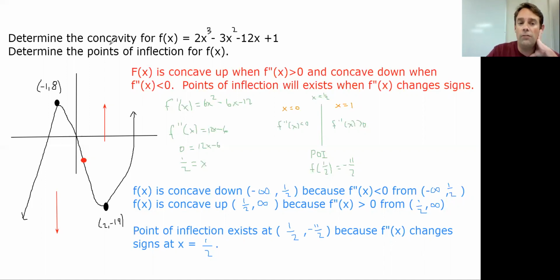So now, if I go back to my graph and throw in some of these things, I know where that point of inflection existed. So 1/2, negative 11 halves. And it kind of makes sense that that happened there. I know that on this region, my second derivative was less than 0 because it opened down. And because this opens up here, my second derivative here had to be greater than 0 because it was concave up.